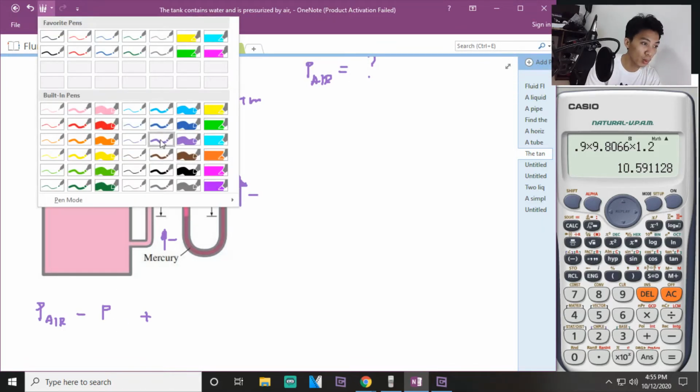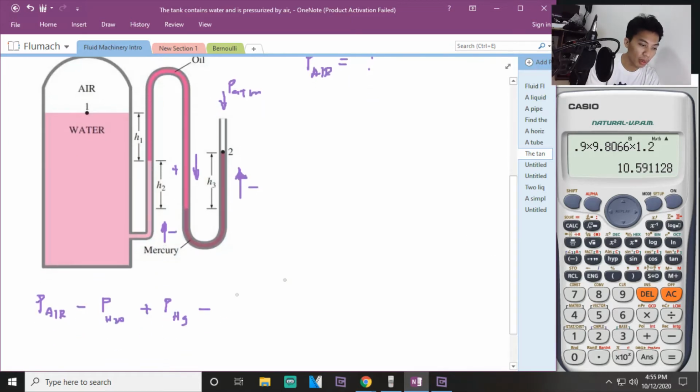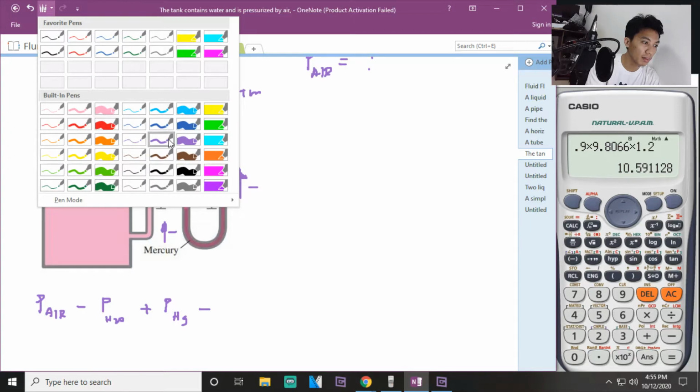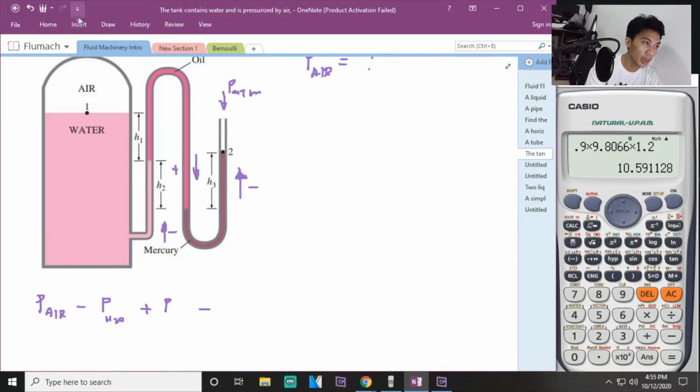Since H2O, tapos sa mercury, Hg. Tapos, pataas, that is negative. Ayun, mercury pala yan. This is oil pala. Nakalagay na pala. This is oil eh. Oil.